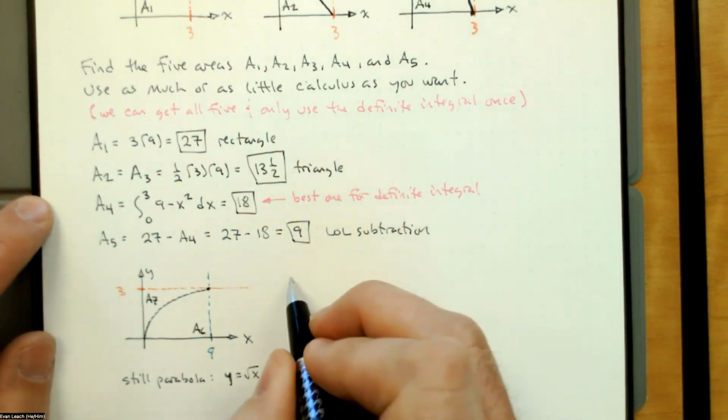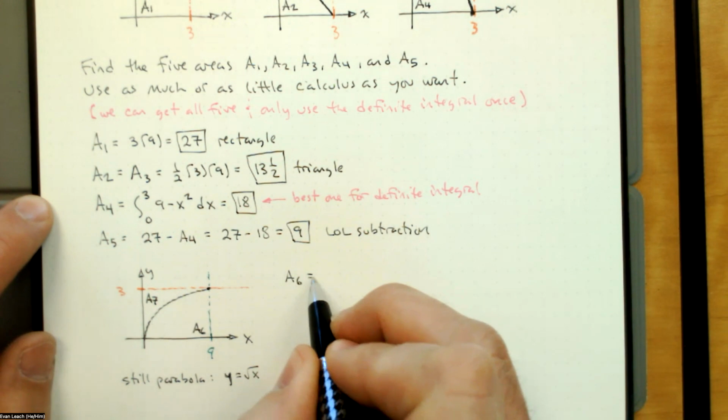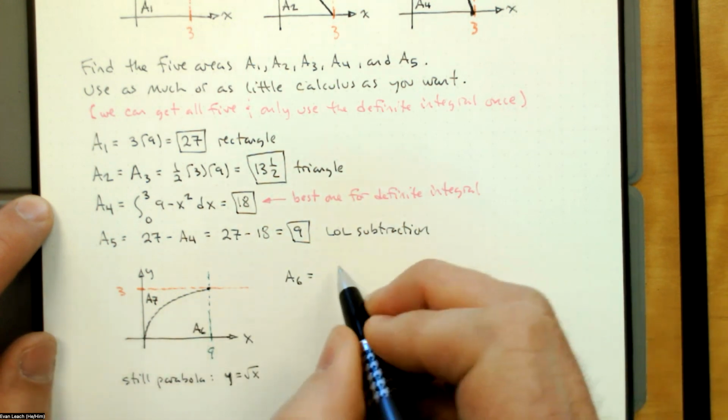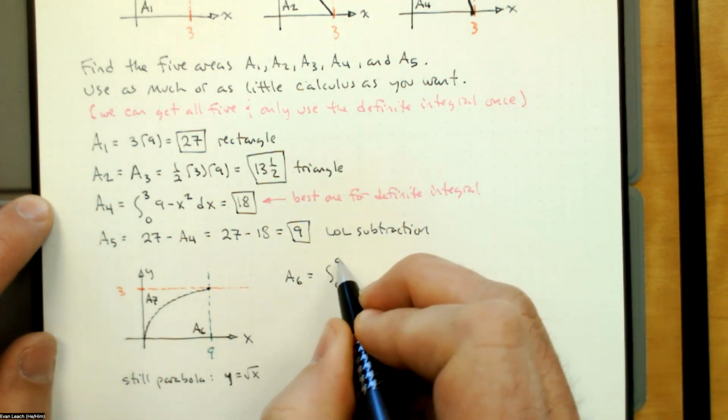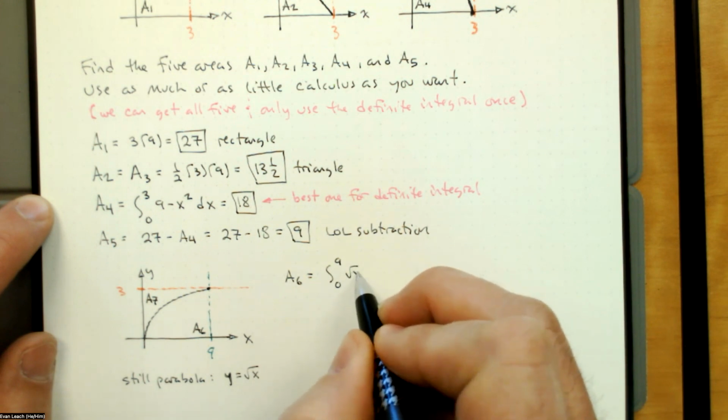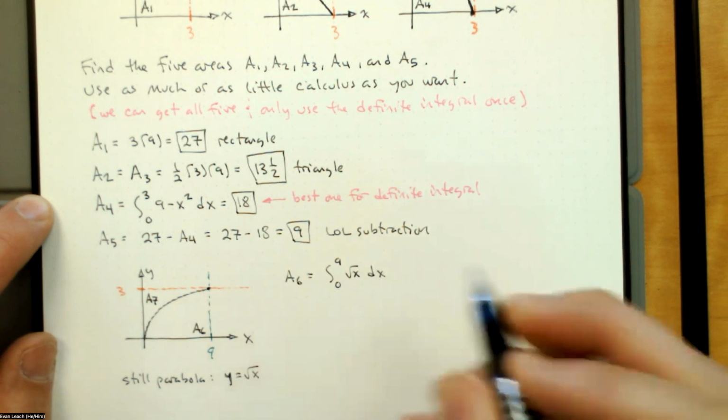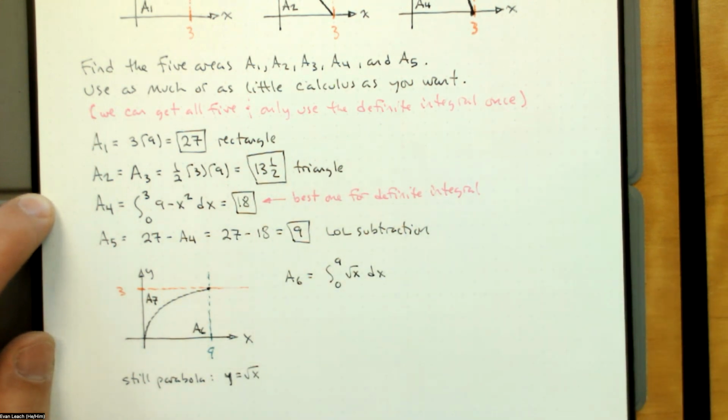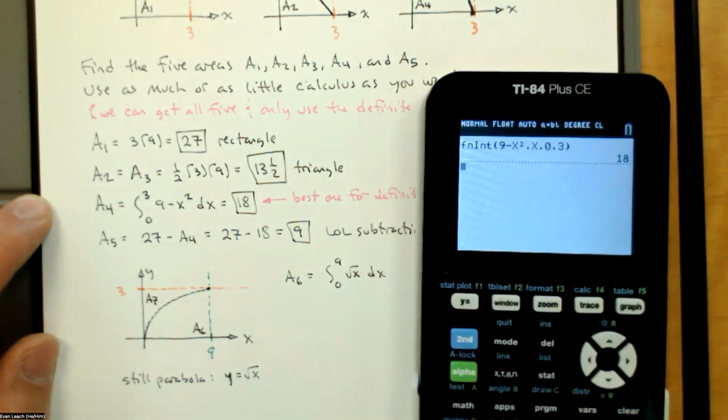So if I want A6, the area under the curve, I just integrate from 0 to 9 this time, the square root of x dx. And since I want to minimize the amount of calculus that I'm doing, I will just grab my calculator and ask it to calculate the integral. So I get the square root of x with respect to x from 0 to 9.